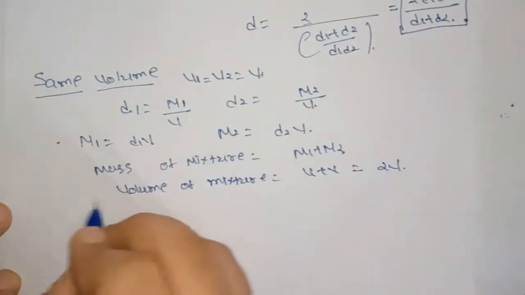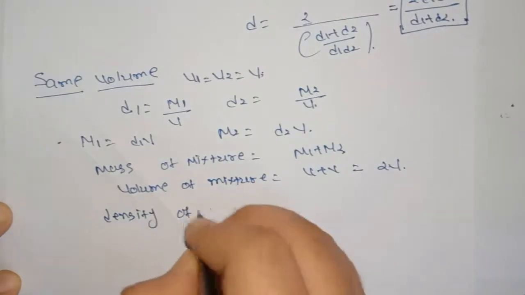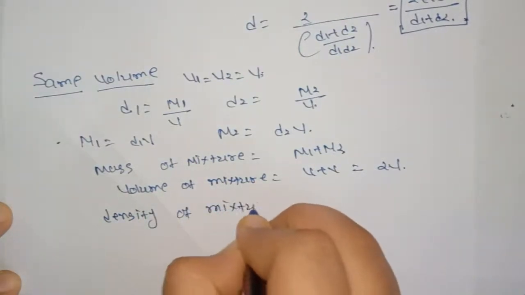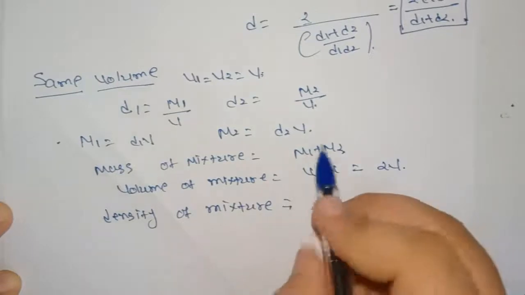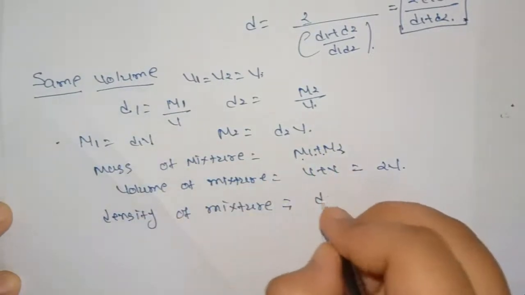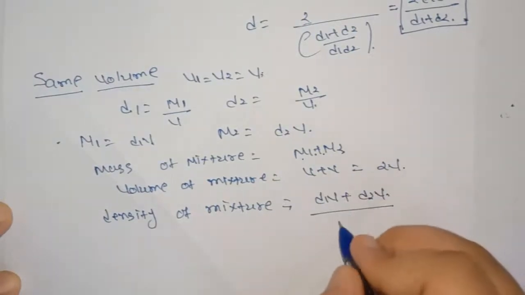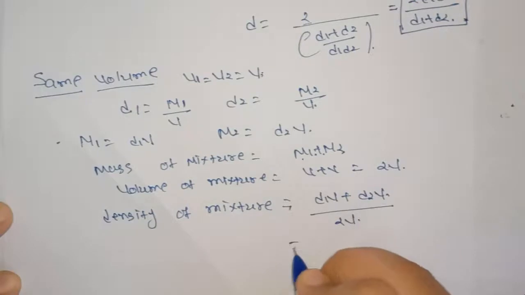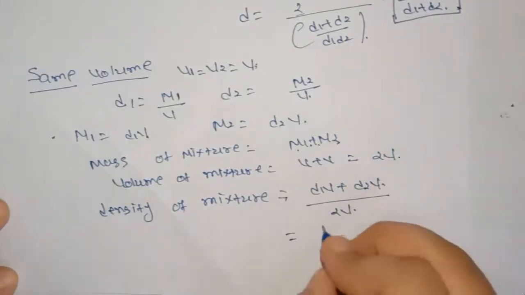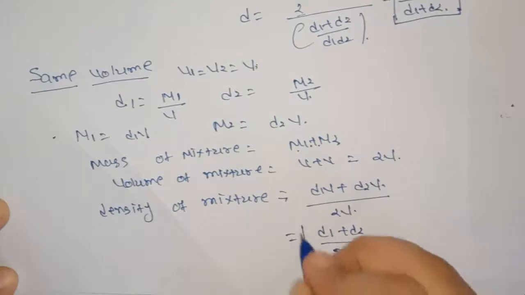So the density of mixture will be equal to total mass, that is M1 plus M2, so D1V plus D2V upon total volume 2V. So this will give us the answer D1 plus D2 upon 2.